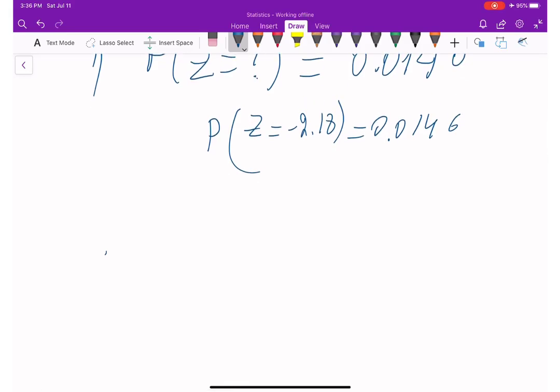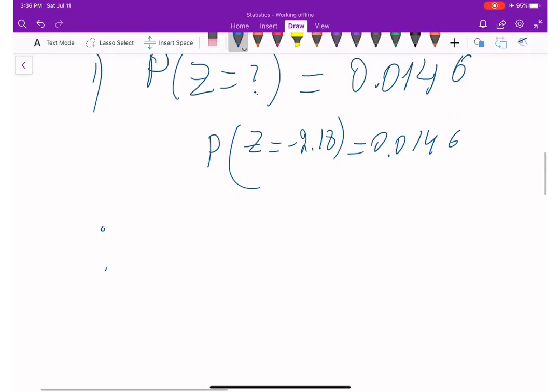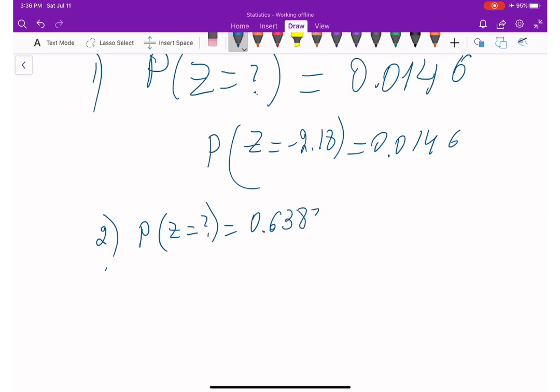Use the standard normal table to find the z-score that corresponds to the cumulative area 0.6387. All right, we have 63%, which means we are going to go to which one, negative or positive?